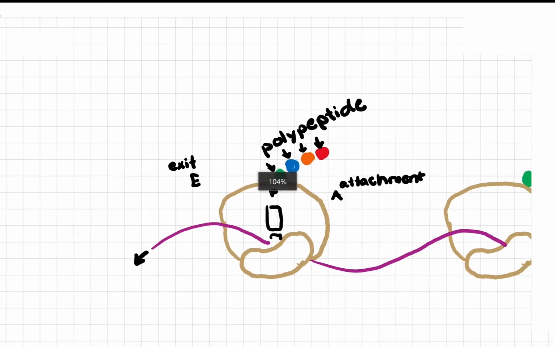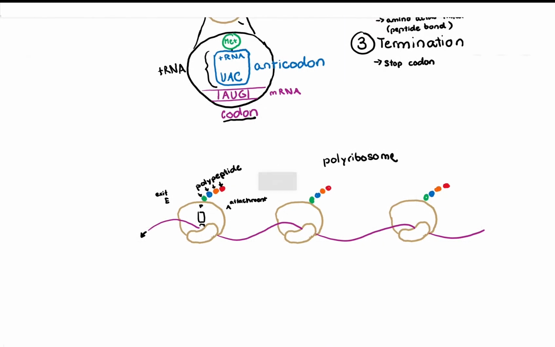Now let's look at the bigger picture. Your single mRNA codes for a single polypeptide. But for maximum efficiency, so you don't need multiple different mRNAs, you actually have what is called a polyribosome, or multiple different ribosomes using the exact same piece of mRNA at the same time, creating multiple of the same polypeptide.